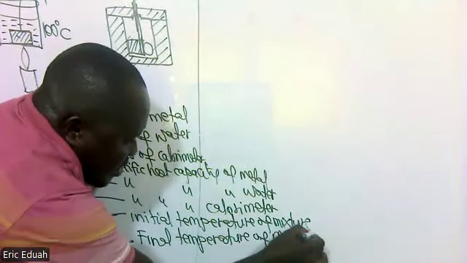As for T, we are saying that let T, capital T, represent the temperature of the metal. So these are our data. Please take note of them. This is our data: MM, MW, MC, CM.